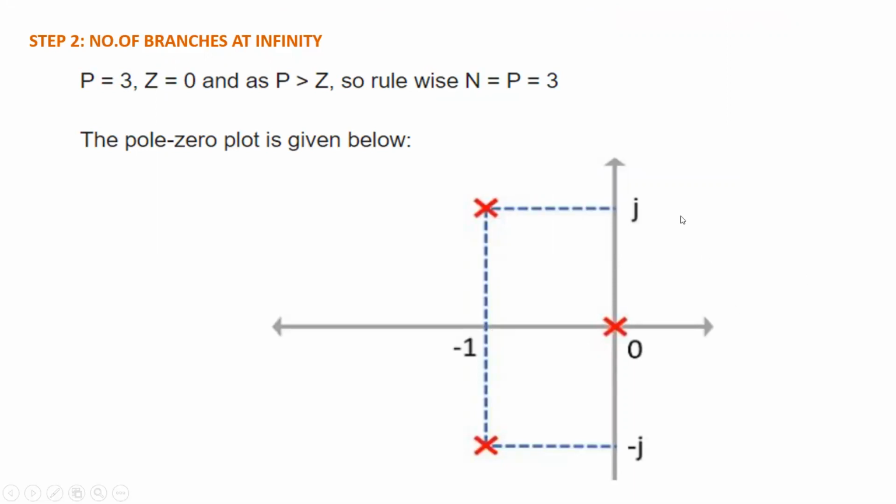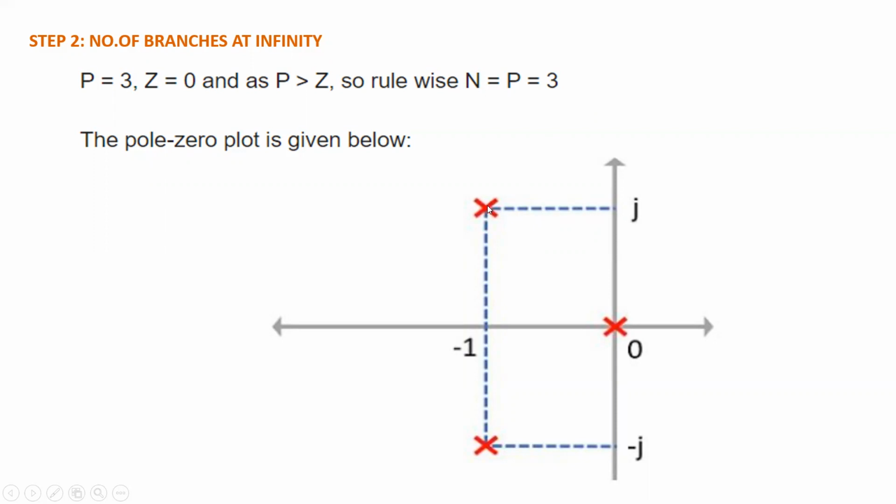If we plot these poles, we have one pole at s equal to 0 and another pole at s equal to minus 1. The real part is minus 1 and the imaginary part is plus j, and minus 1 minus j over here. All three branches starting from these three poles are moving towards infinity.